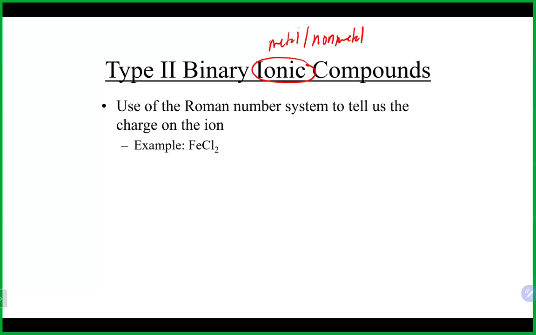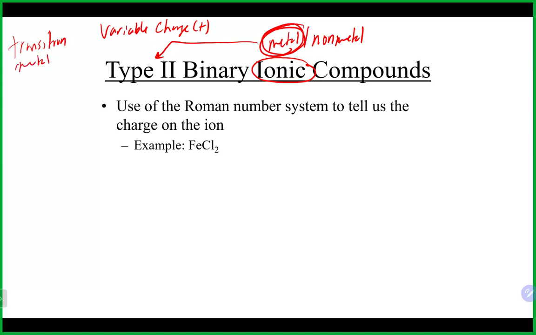Always, as I've been mentioning, if you have a metal involved and you're doing naming, that is the most important thing. So the type 2, as we talked about earlier, metal is one that has a variable charge. So it can have a variable positive charge.